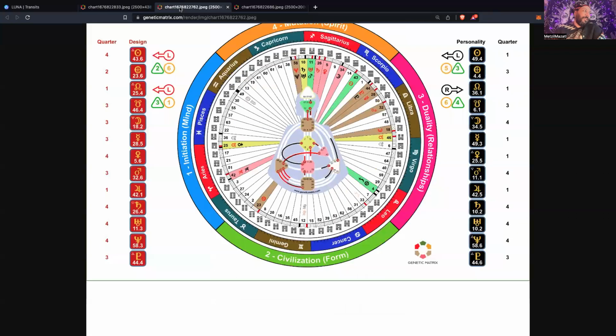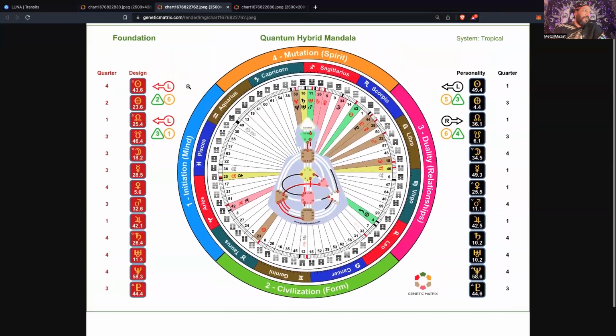Let's go into another chart. So this is the mandala. Basically, we have the personality side in black, the natal chart in black, and then we have the design side in red. So we can look at this through the planetary perspective. So we have design sun, 43, hexagram 43, gate 43.